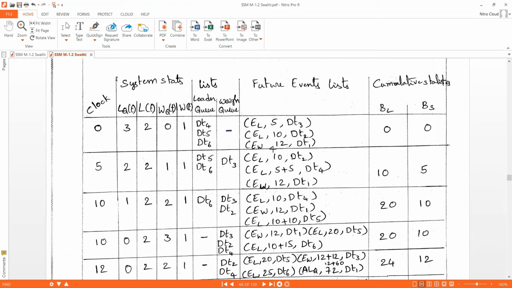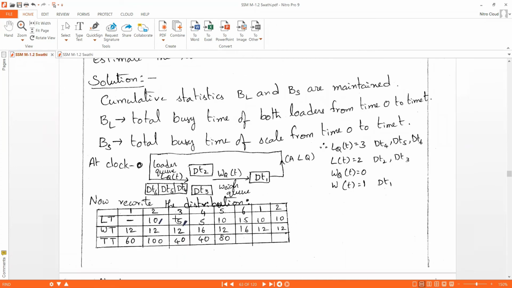Next future event is the weighing event for dump truck 1. When will it complete? We can come to know from this table. Weighing time for truck 1 is 12 minutes, so it will take 12 minutes to get weighed.